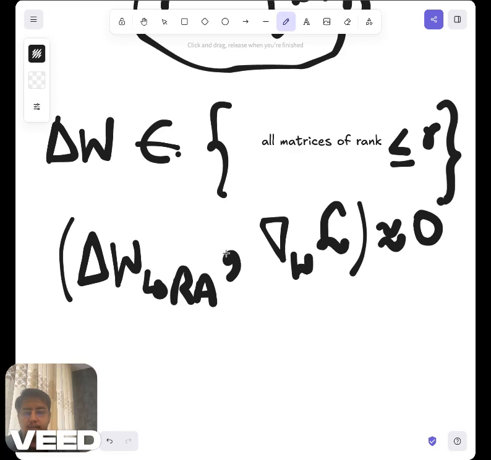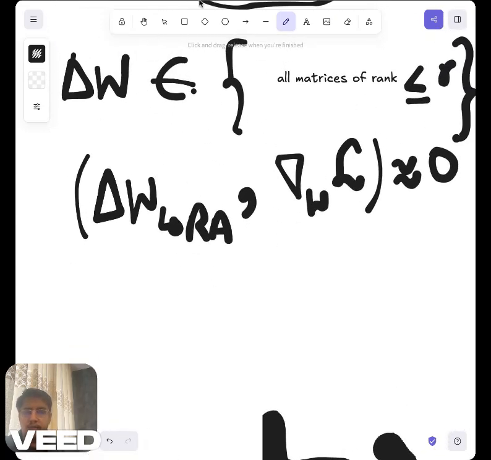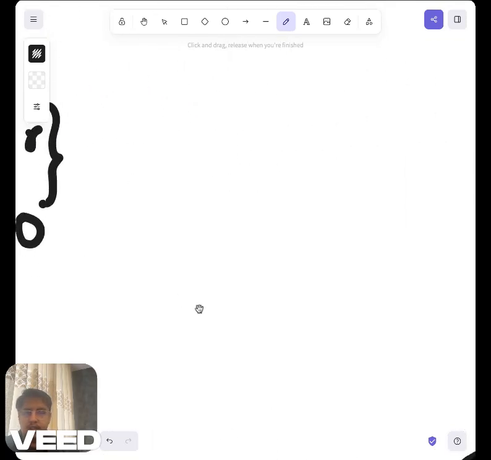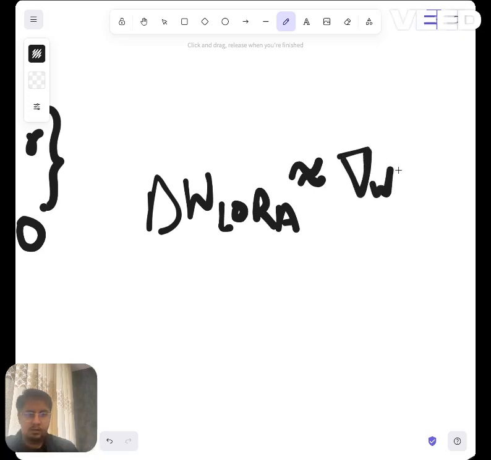Ideally, I would want some way where the delta of W with LoRA is very similar to the true gradient, delta WL.